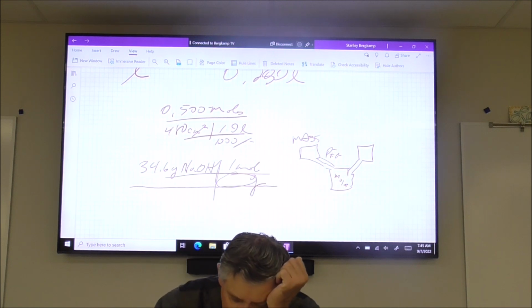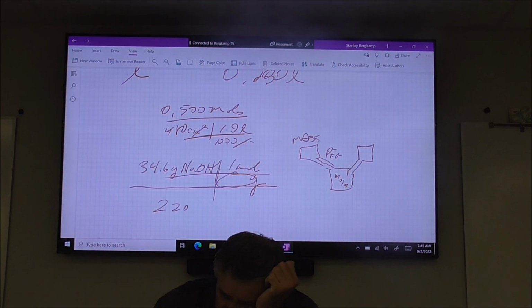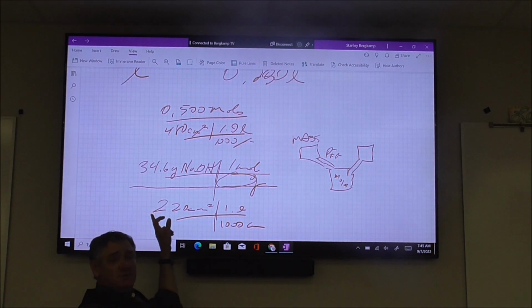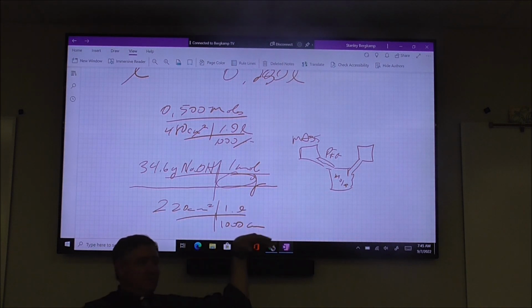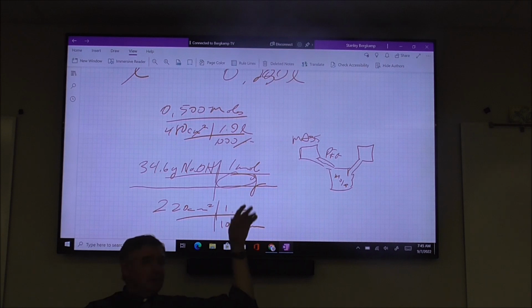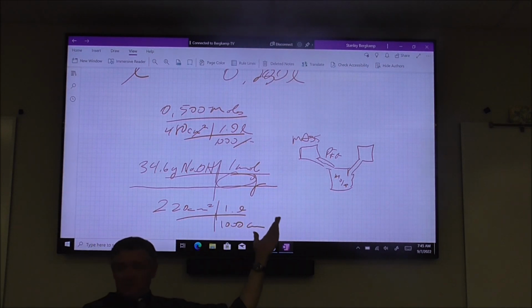Then you've got the 220 cubic centimeters. Okay, and again, if you want to work this in one step, there's 1,000 cubic centimeters in 1 liter. If you just want to shortcut this and just write that as 0.220 and not do that conversion, I'm cool with that. I know you all are capable of dividing by 1,000. Okay? Whatever process works best for you.